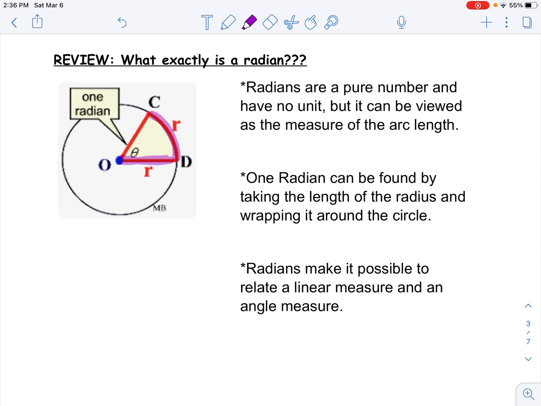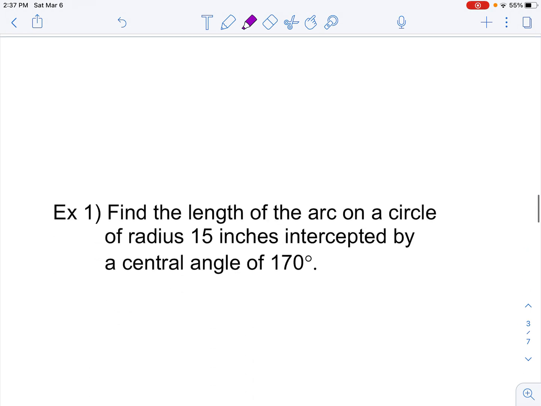So we're looking at the radius of the circle, wrapped around the outside of the circle, and that's what 1 radian is. Radians make it possible to relate linear measure and angle measure. So if this piece right here was 2 inches, and we wrapped it around the circle, that would have to be 2 inches too. And we know from geometry that the central angle has to be the same as the arc length. That's where we get those measurements on our unit circle.